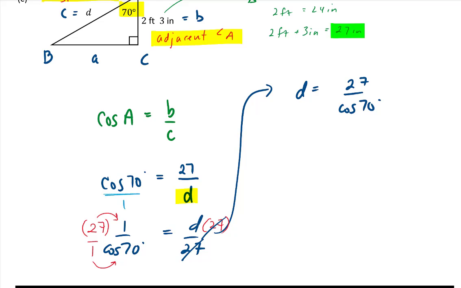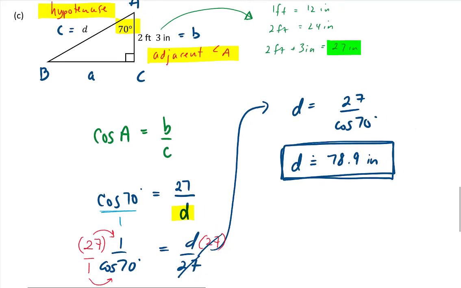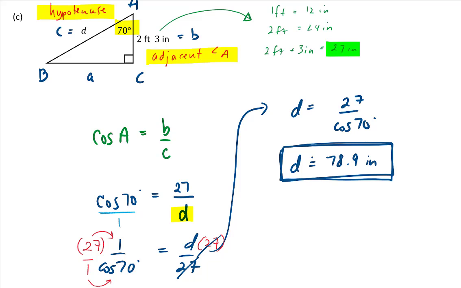The last part is just to use your calculator. So 27 divided by cosine of 70. And if we've done this all right, we end up with 78.9 inches. If your answer for D was smaller than 27 inches, then you know you made a mistake, because remember the hypotenuse is the longest side, and clearly 78.9 is larger than 27.